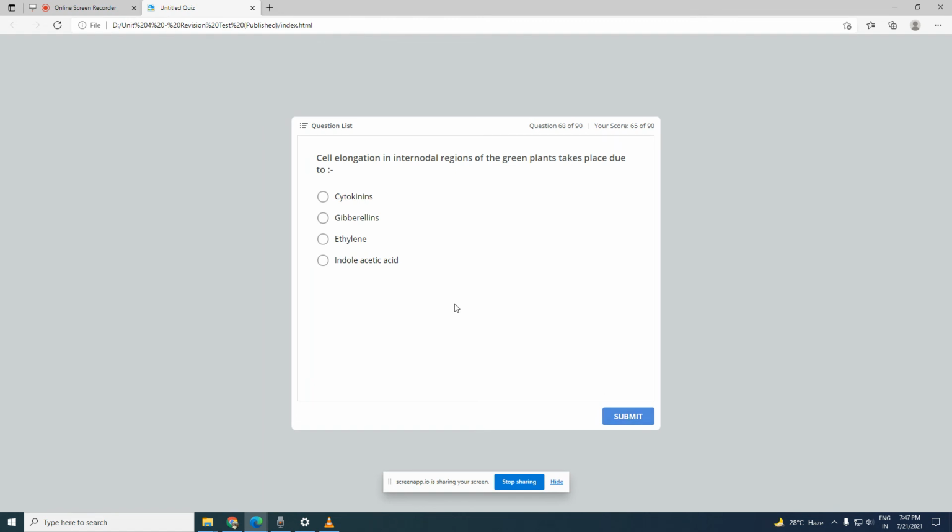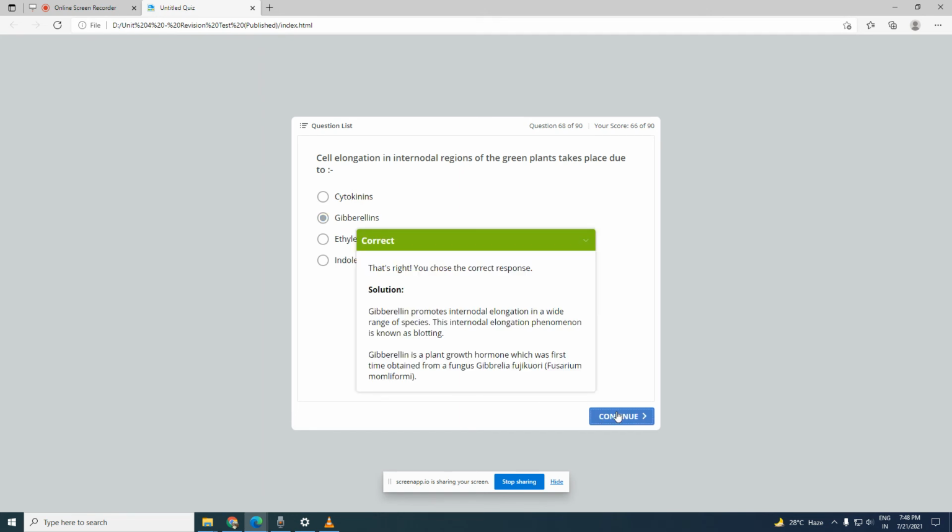The next question, cell elongation in internodal regions of the green plants takes place due to cytokinins, gibberellins, ethylene, indole acetic acid. Which is the right answer? The right answer is gibberellins.